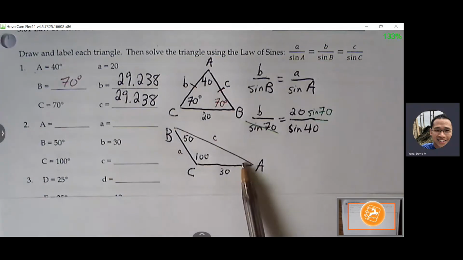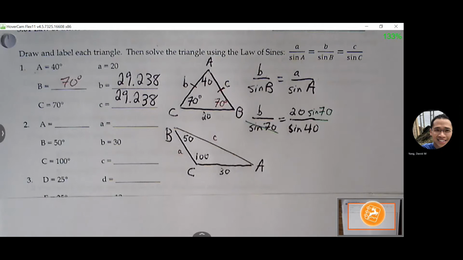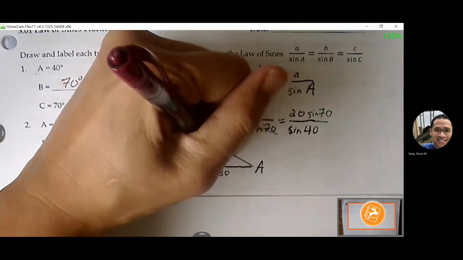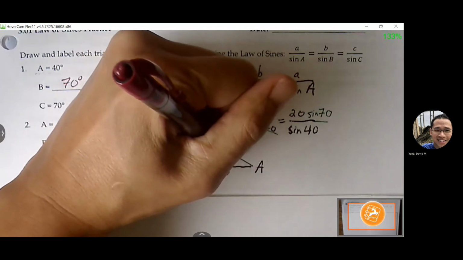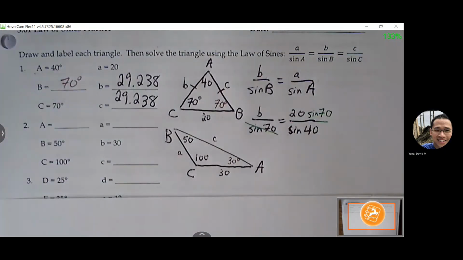First things first, find that missing angle. Subtract from 180.